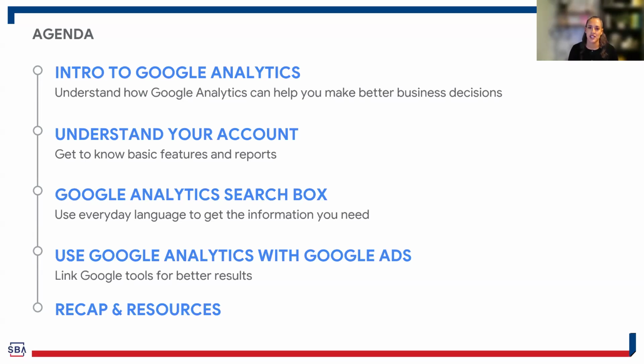They updated the interface, and they implemented this search tool, which makes navigating the platform so much easier. We're going to touch very quickly on how to use this data with Google Ads. This is in case you are running ads or if you're thinking about it, just some cool tricks that you can use to integrate these 2 platforms. And then we're going to recap with some resources, and then there'll be some time for questions along the way.